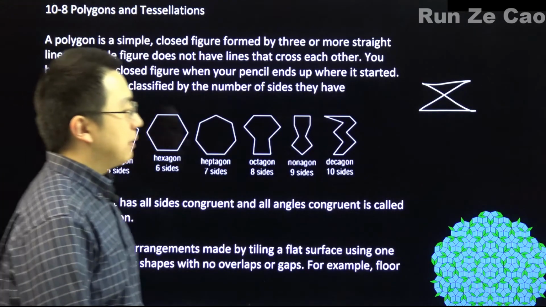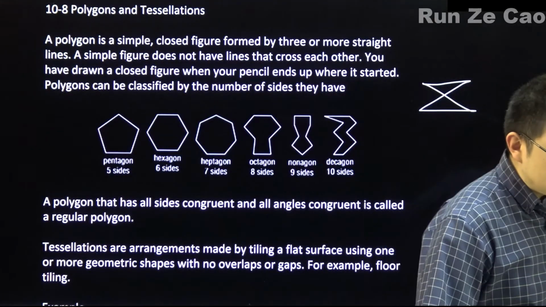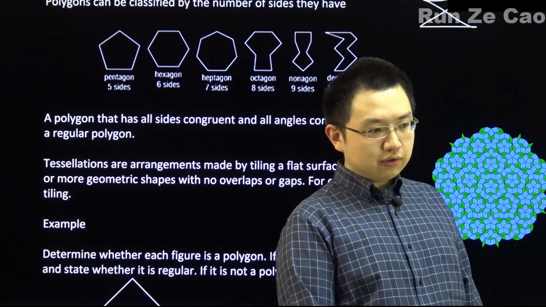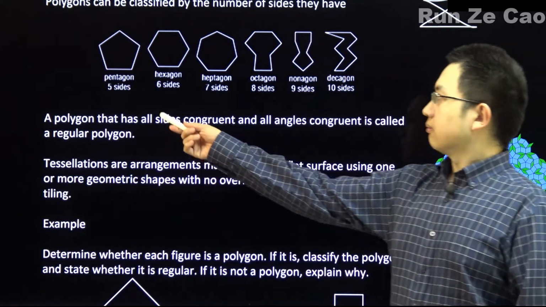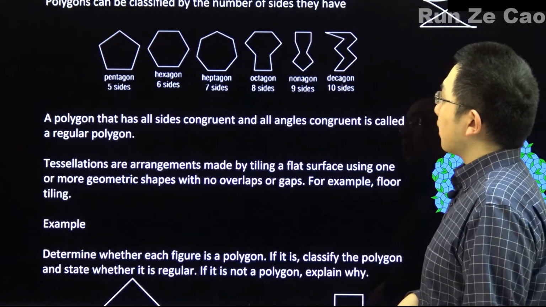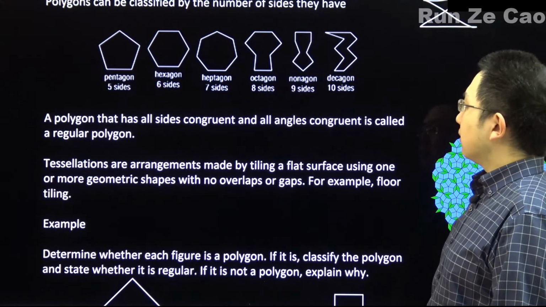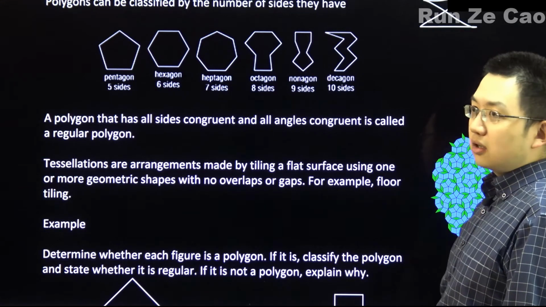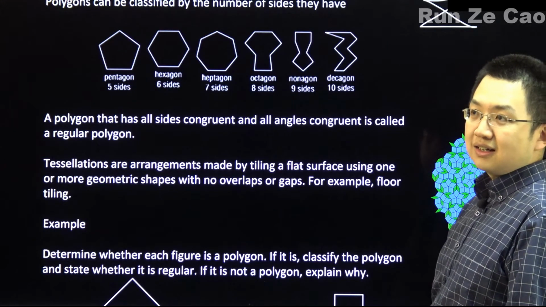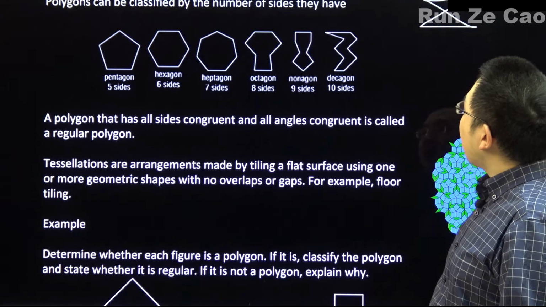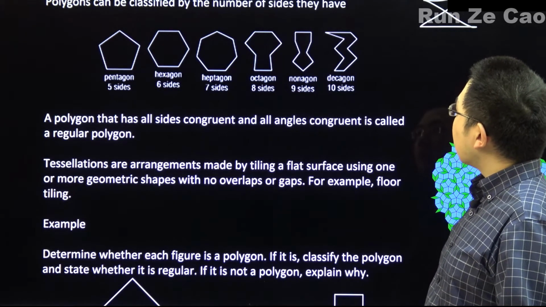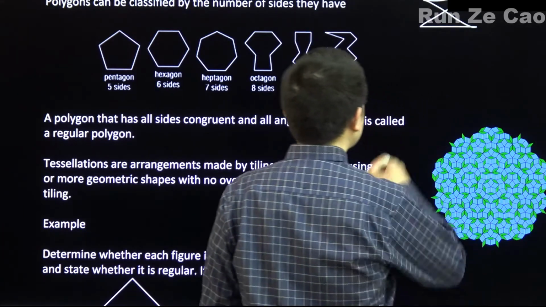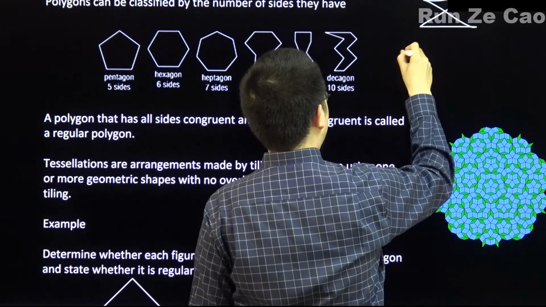Polygons can be classified by the number of sides they have. You have triangles, quadrilaterals, pentagons, penta means 5, hexagons, hex means 6, heptagons, hepta means 7, octagons, means 8. The most common type of octagon you'll see in North America is probably a stop sign, which is a regular octagon because all the sides are congruent and all the angles are also congruent.